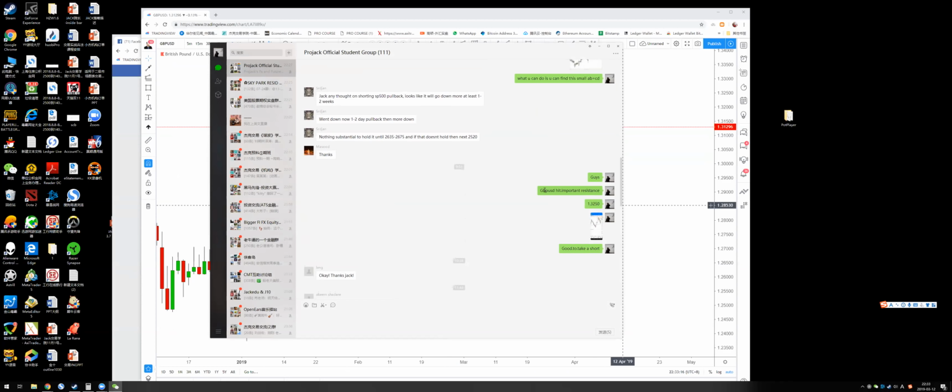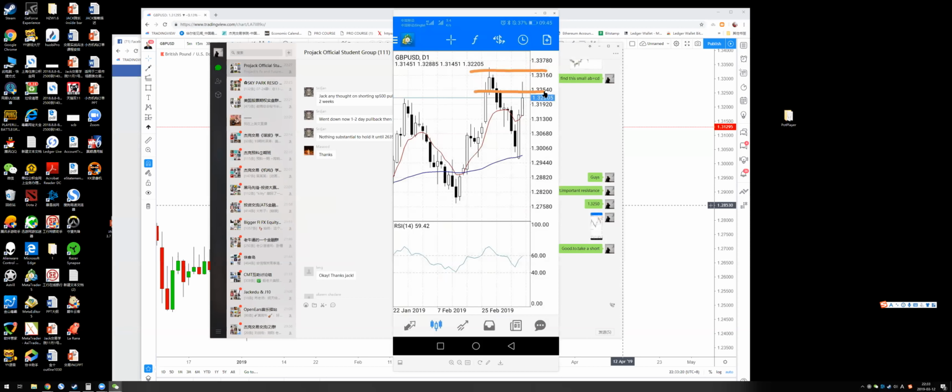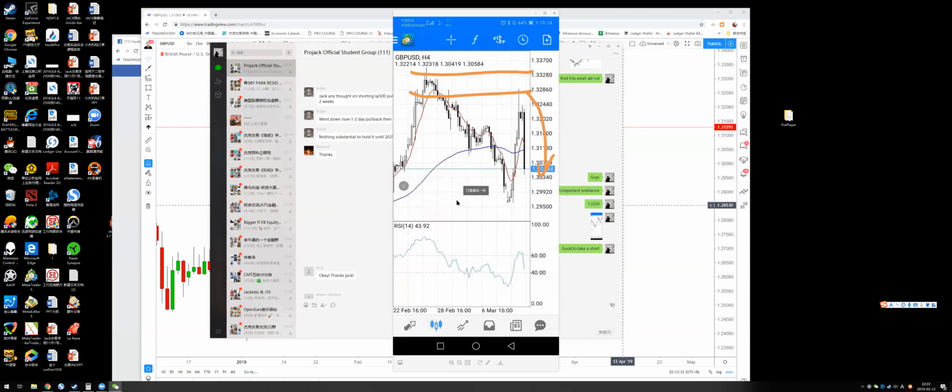I said GBP hit important resistance, and this is the chart I drew. I said 1.3254 could be a very strong selling point. And then it had a very nice fall. We captured about 140 pips, from 1.3250 to 1.3110, something like that.